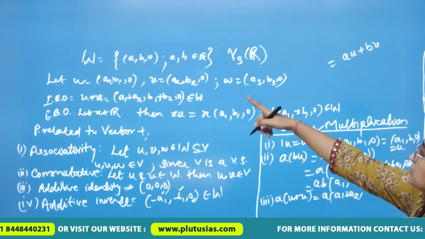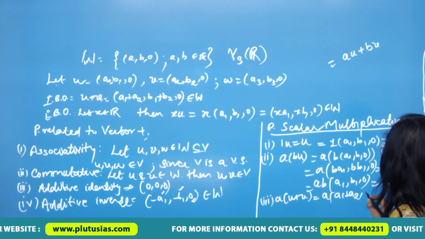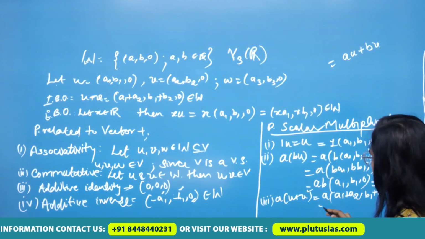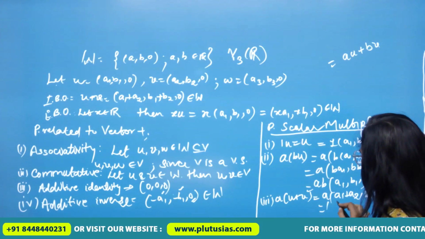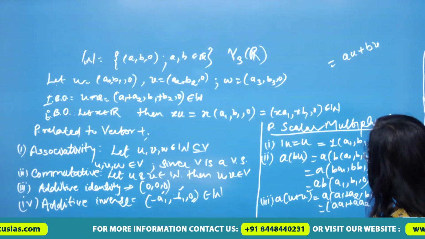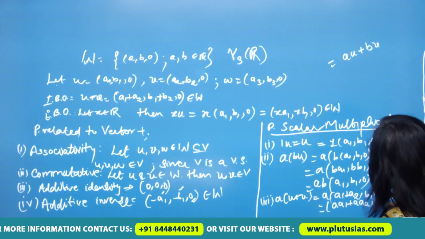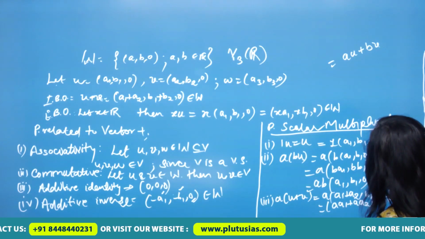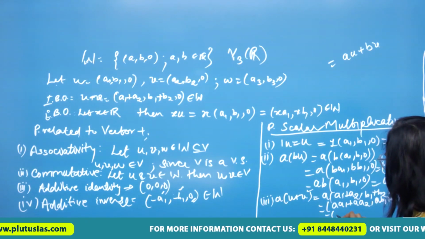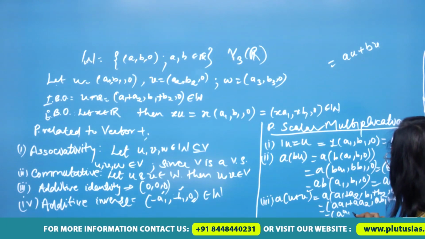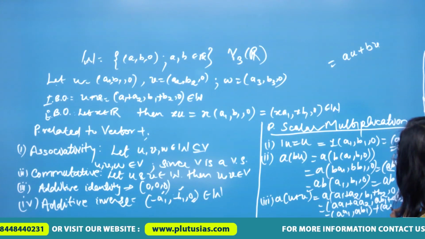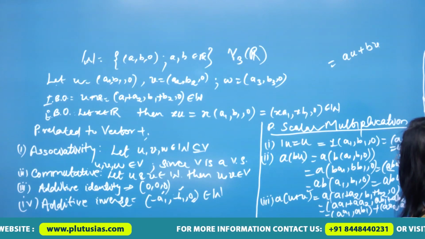And then second, b1 plus b2 comma 0. Then we can take a inside, and this would be a1 plus a2 comma ab1 plus ab2, and we can segregate them. We take a1 and ab1 at one place, plus a2 comma ab2 at another place.